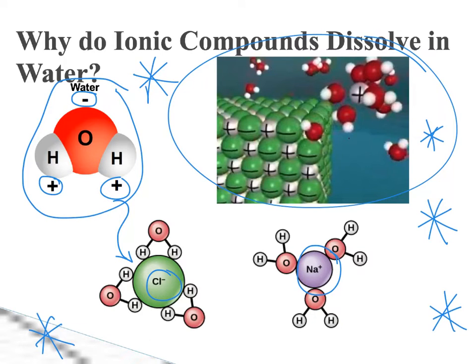So when you put salt in water, it's not that it dissolves for any magical reason. It's literally water saying, oh my gosh, this hydrogen end, this thing is so attractive, let's grab it. And they grab the chlorine and they go off with it. The other end of the particle would say, oh my gosh, this positive thing is really attractive. They grab it, they go off with it. That's why salt dissolves in water.